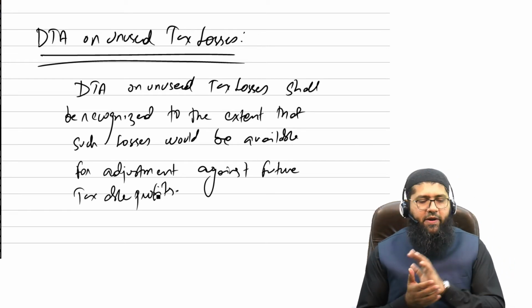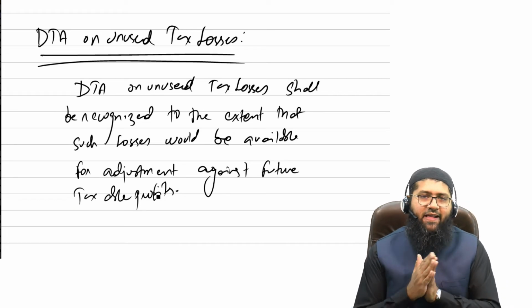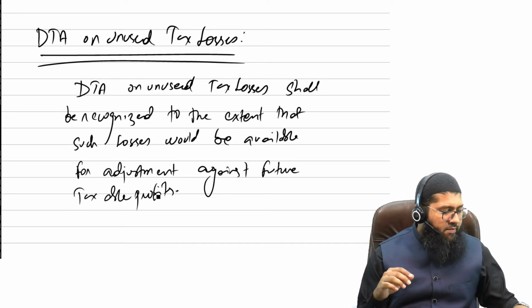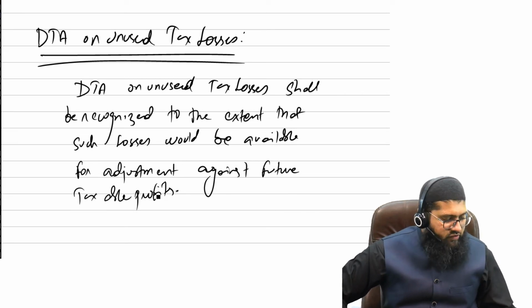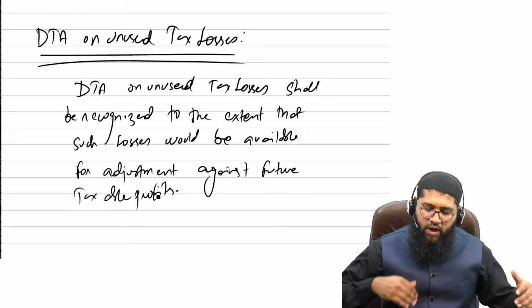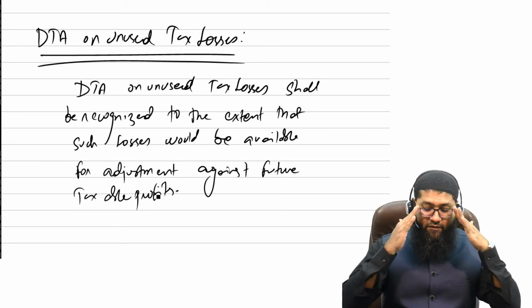So let me just repeat. The deferred tax asset on unused tax losses shall be recognized to the extent that such losses will be available for adjustment against the future taxable profit.